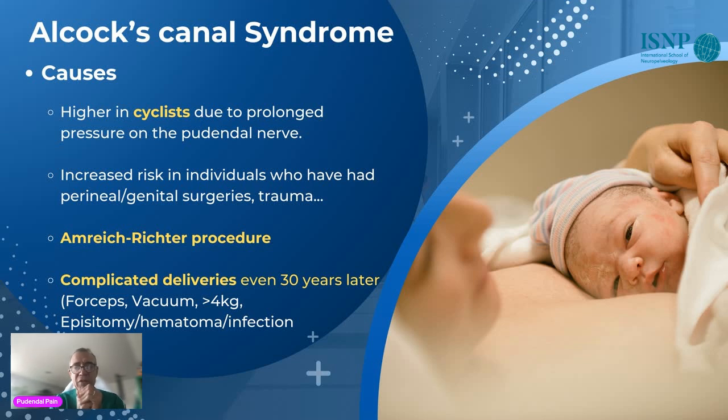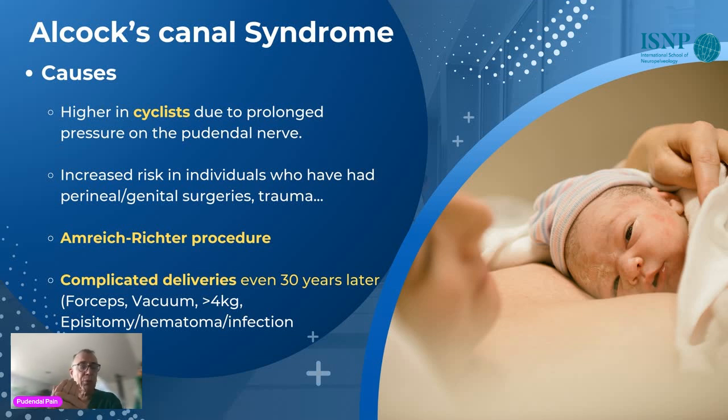Then we have in gynecology a typical procedure called the Amreich-Richter procedure. It's a surgery done by vaginal approach, where we fix the vaginal cuff to the sacrospinous ligament in situations of prolapse of the vaginal cuff after hysterectomy.